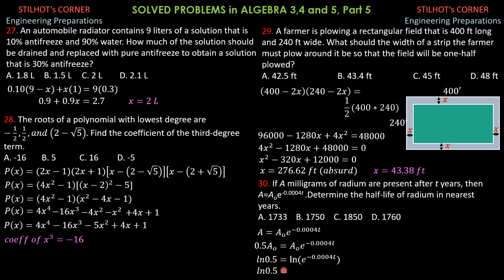So using your calculator, ln of 0.5 divided by negative 0.0004 is equal to 1,732.87 years, which is the answer.